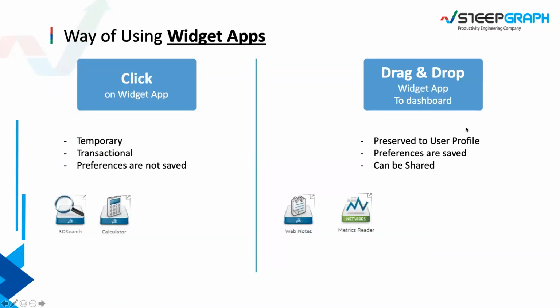So there are ways of using the widget apps. Now we are talking only about the widgets. There are two ways. You click on the widget itself, so double click, then it opens in the temporary mode. So you have the temporary view. It is just transactional for that session, and when you close it, it doesn't save any data. So preferences are not saved.